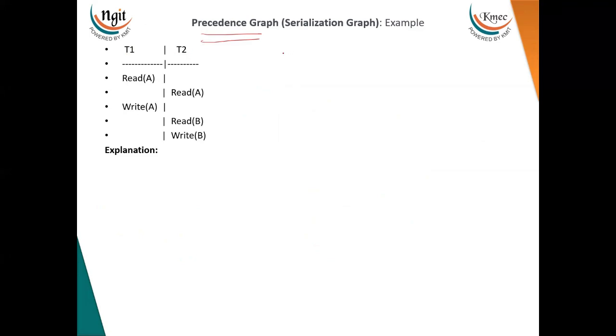In a precedence graph, we mainly have nodes. You are representing the graph with nodes as well as edges. The nodes are used for representing the transactions, and the edges define the operations made by the multiple transactions. So coming to nodes, how many transactions do you have?